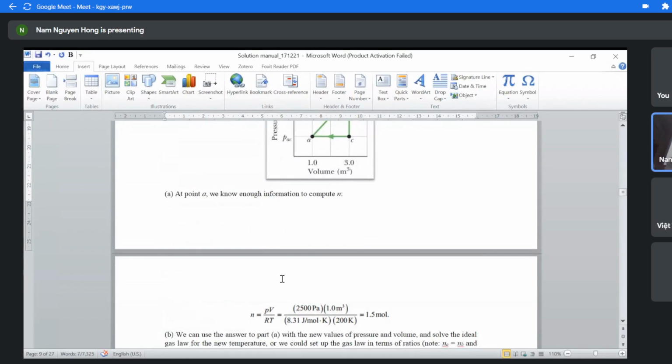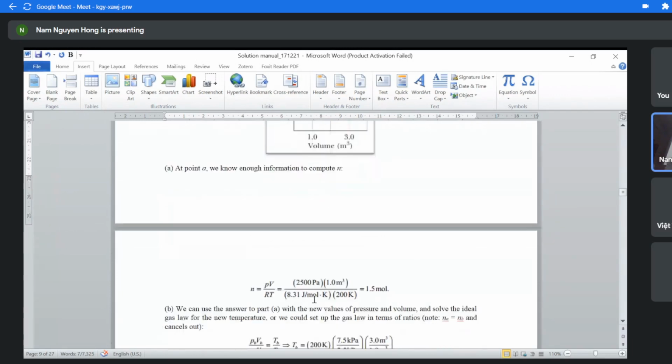Okay, so this is applied for the point A. Please remember that if we measure the pressure in Pascal, then the gas constant should take this value and this unit. If you solve it correctly, you should be able to find 1.5 mole.